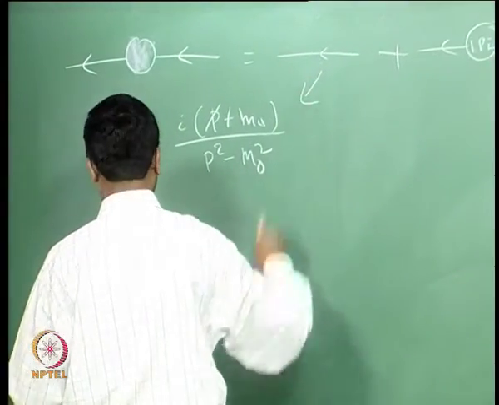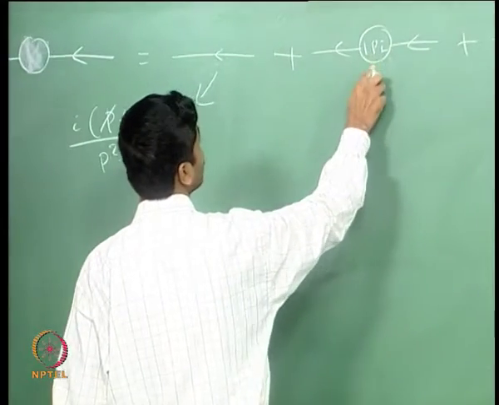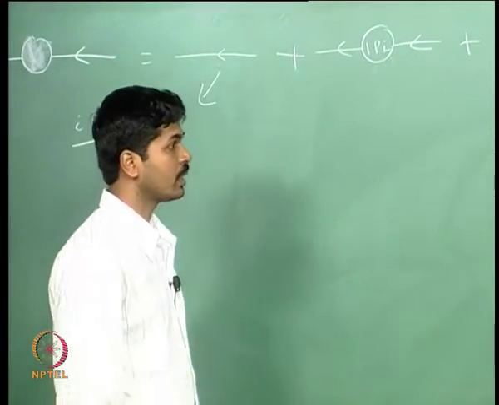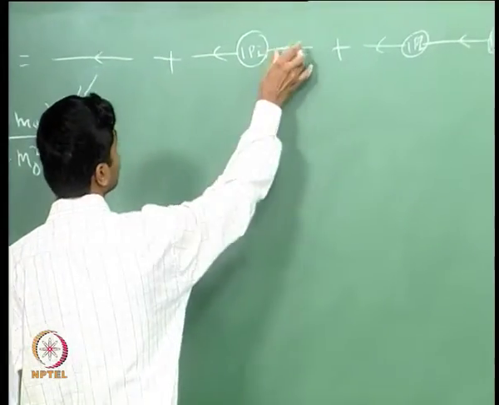Whereas this quantity here, you remember, I am denoting to be minus i sigma of p without these two propagators.